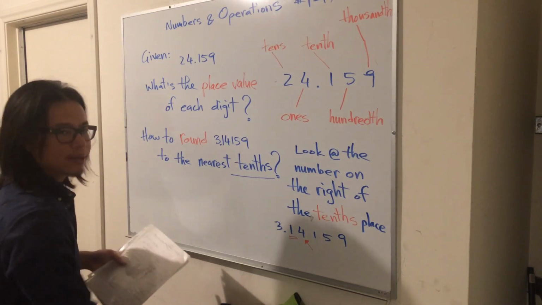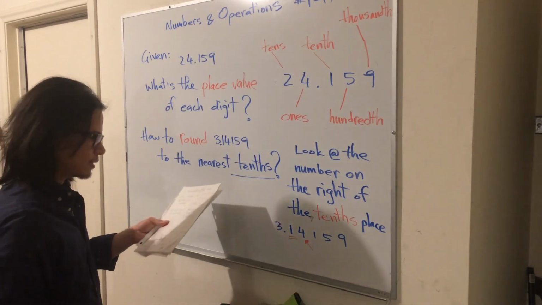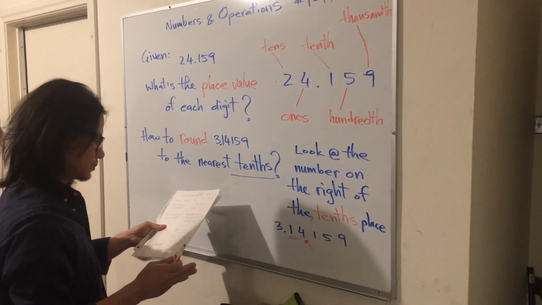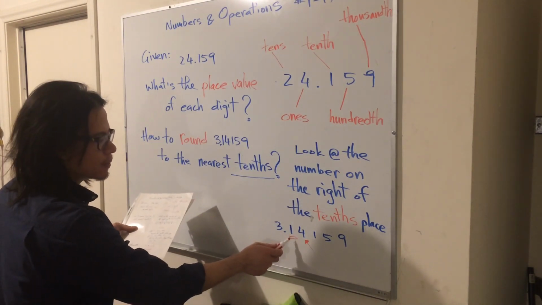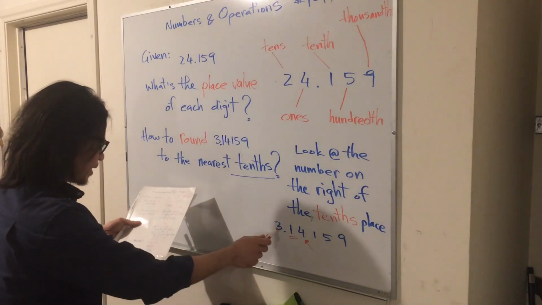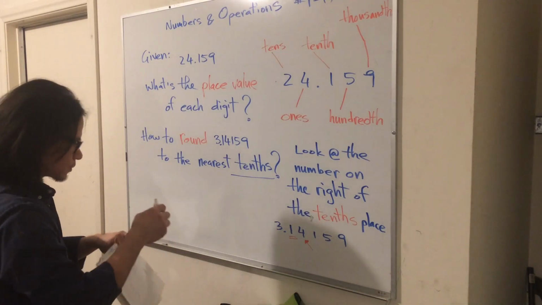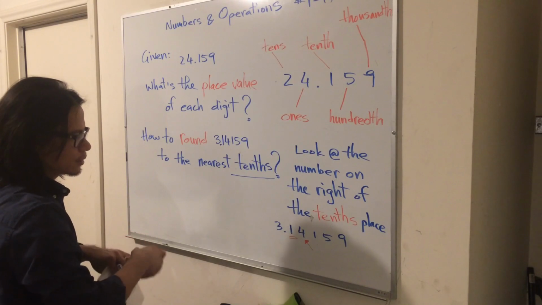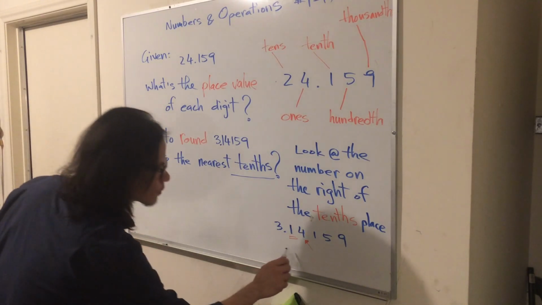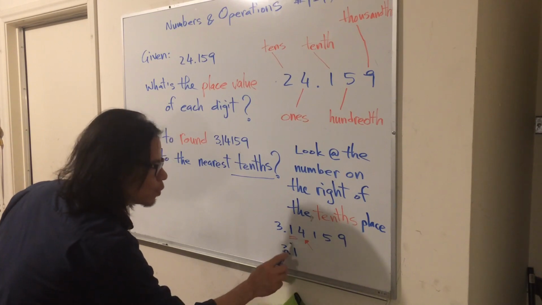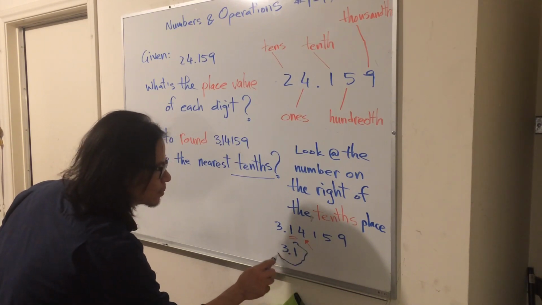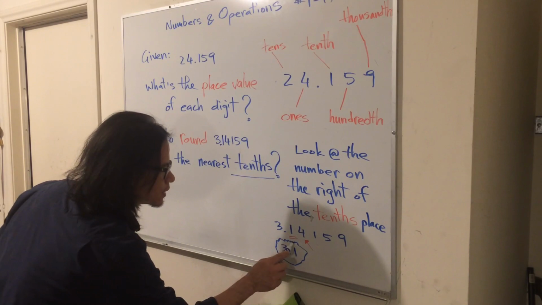Okay, is that 5 or more? If it is, we round up. But since it's not, the tenth place will stay the same. So the final answer for this question here, it's going to be 3.1. Okay, so the 1 stays the same because the 4 is less than 5.